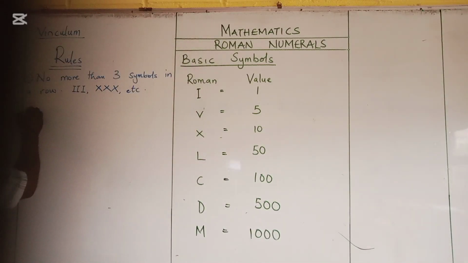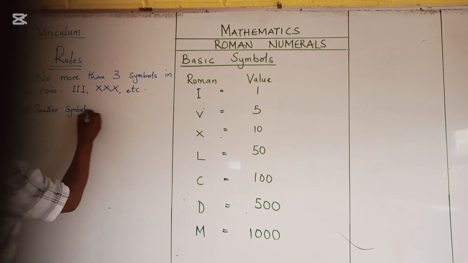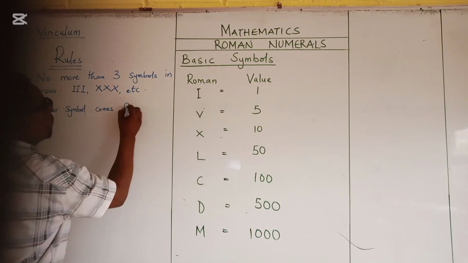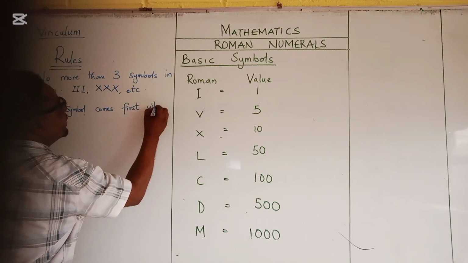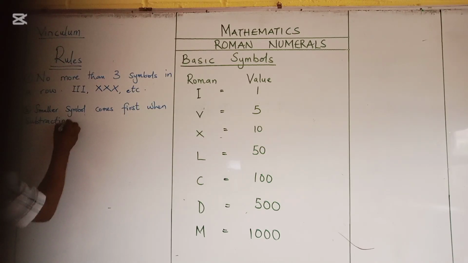The second one: a smaller symbol comes first when subtracting.